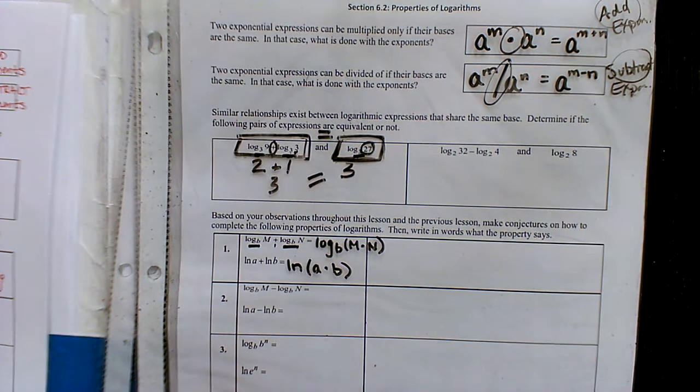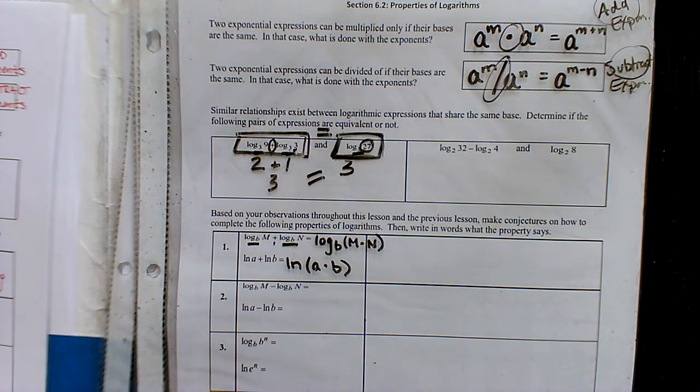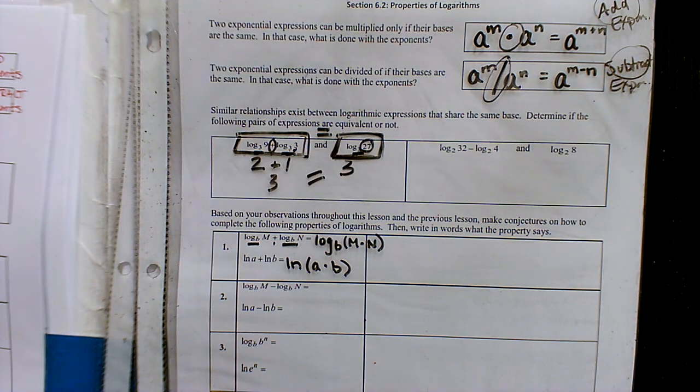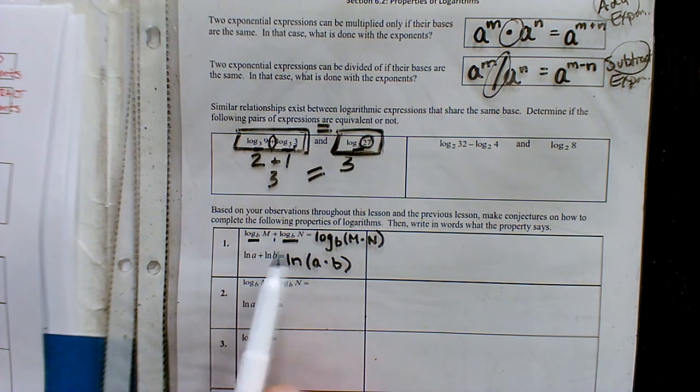So what we're going to do is kind of write out this property in words. Sometimes it's a little bit easier for us to understand than just looking at mathematical notation.